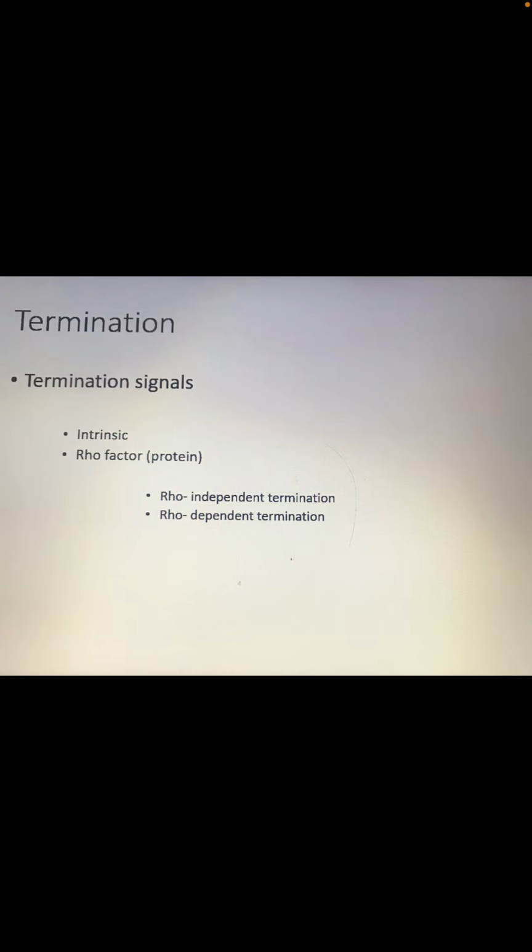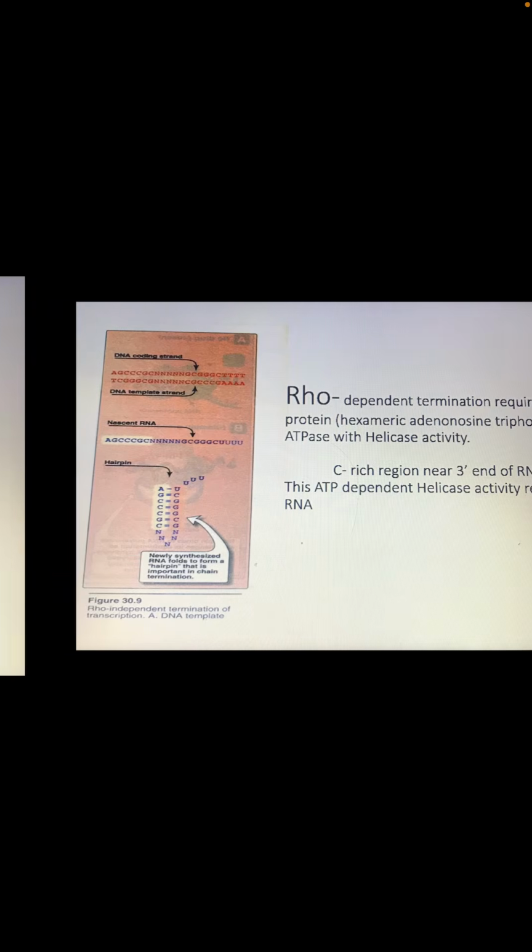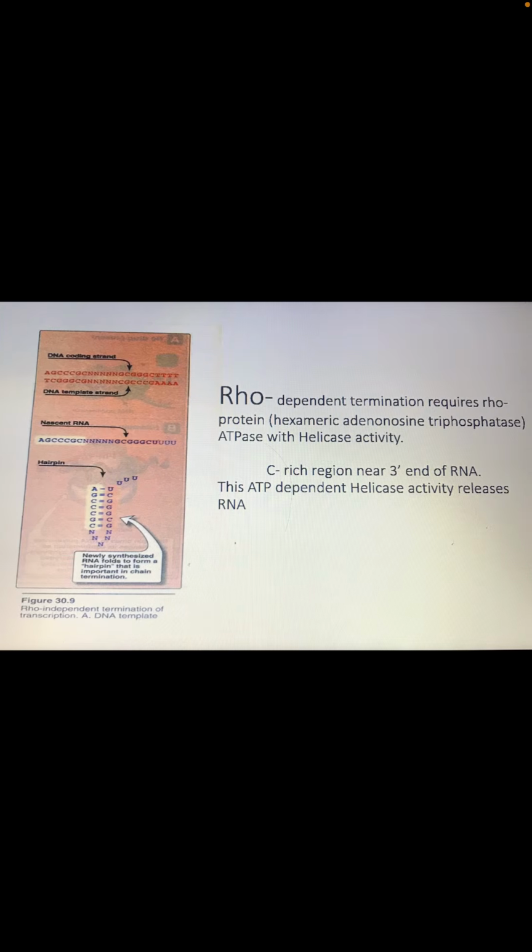And what about the Rho dependent termination? Rho dependent termination requires Rho proteins, which are hexameric adenosine triphosphatases with ATPase dependent helicase activity. So here you can see a vast function of Rho protein or Rho factor. Rho protein and Rho factor are the same words.